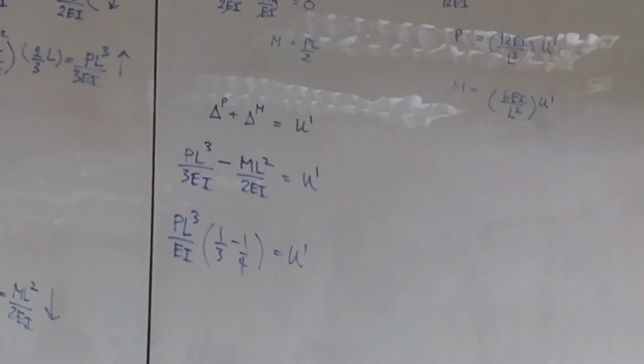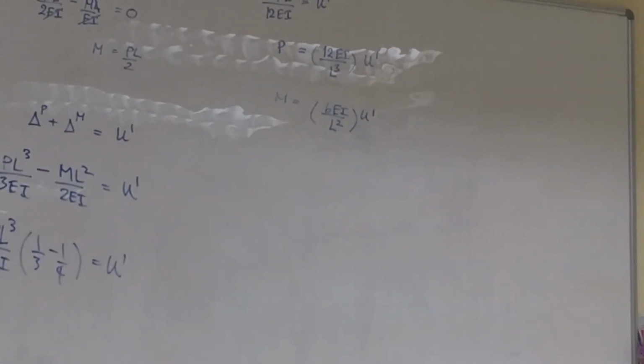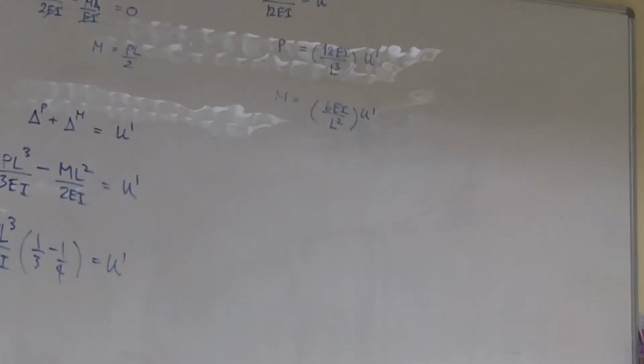Okay, so for the first system, you have 12 EI over L cubed multiplied by U1. Rotation, the moment applies over here. Okay, in order to produce that shape, 6 EI over L squared multiplied by U1. Okay.